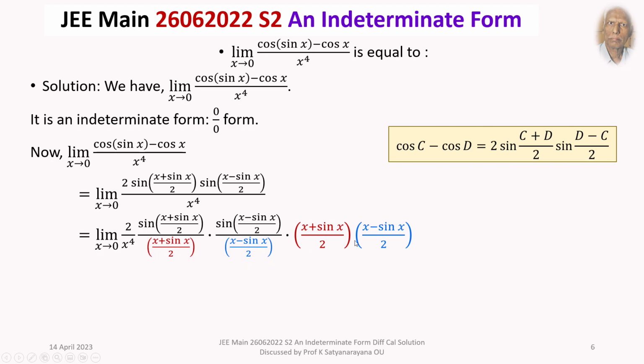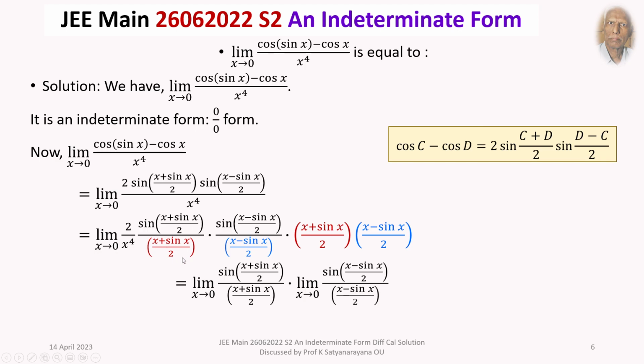We write it as limit x tends to 0 of 2 by x to the power of 4 times sin of (x plus sin x) by 2 by (x plus sin x) by 2, into sin of (x minus sin x) by 2 by (x minus sin x) by 2, into, they are compensated now, (x plus sin x) by 2 multiplied by (x minus sin x) by 2. And the limit of the product is equal to the product of their limits. So that will be equal to limit x tends to 0 of sin of (x plus sin x) by 2 by (x plus sin x) by 2, that's the first one, multiplied by the second one, limit x tends to 0 of sin of (x minus sin x) by 2 by (x minus sin x) by 2.